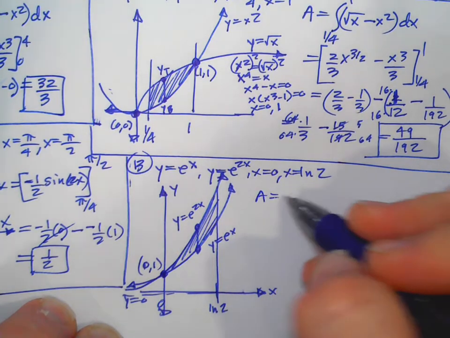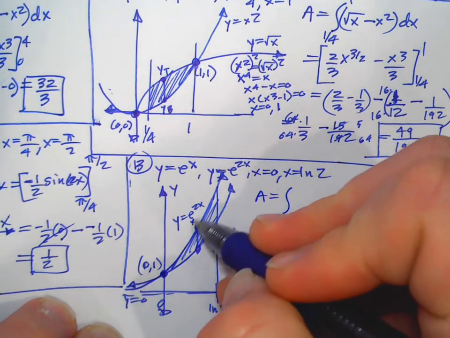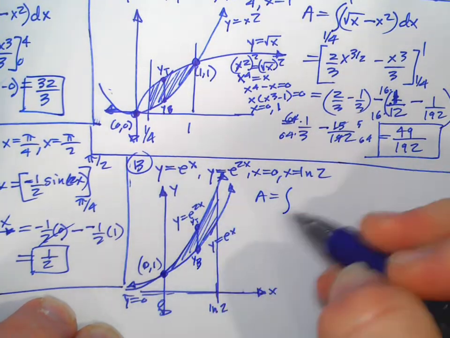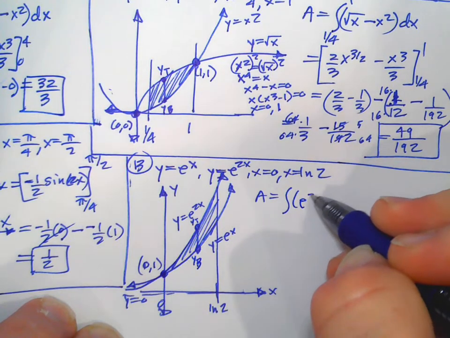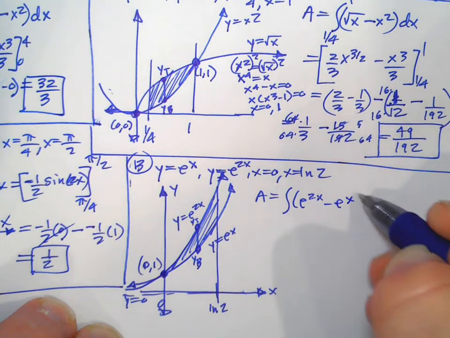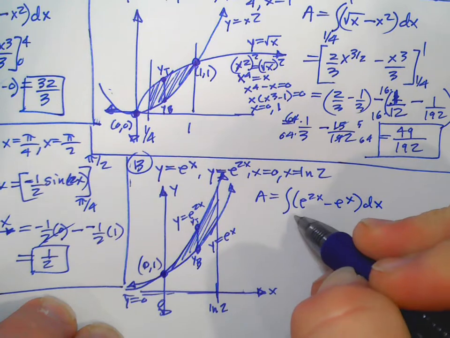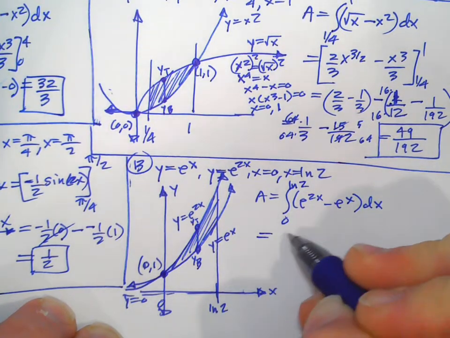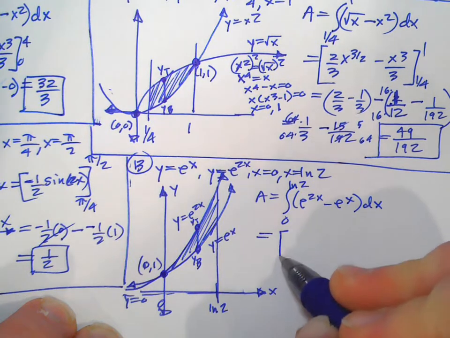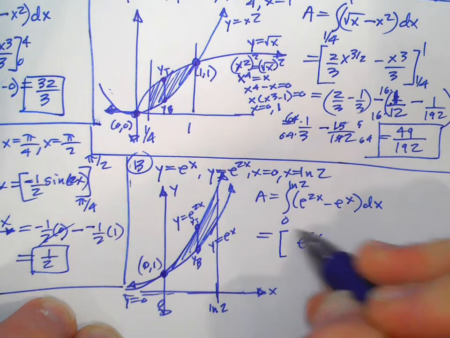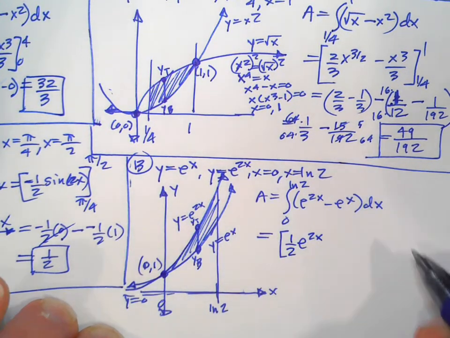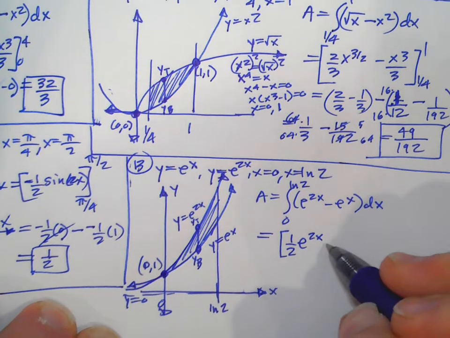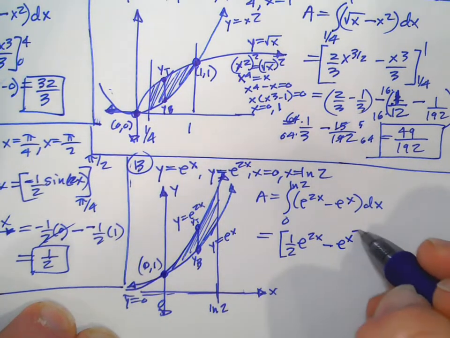So area equals y top minus y bottom, vertical slices. E to the 2x minus e to the x dx, integrating left to right, 0 to natural log of 2. So antiderivative is going to be e to the 2x, but an extra 2 is going to pop out. So I put a 1/2 there to fix it, or we could do u substitution. That's e to the x.